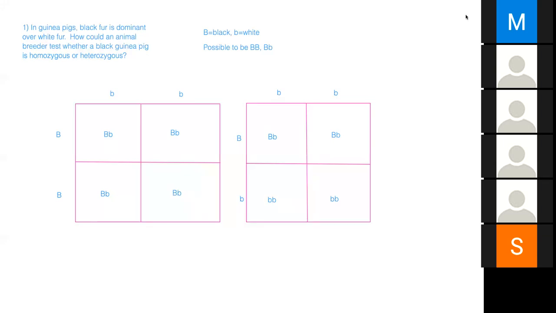But if the parent was a heterozygote and we breed with a recessive, we should fairly quickly see that a white offspring will appear. As soon as we see a white offspring, we know that the parent was a heterozygote because he carried one recessive gene for coat color. And when we cross that with the homozygous recessive, we end up with two recessive alleles and a white coat.